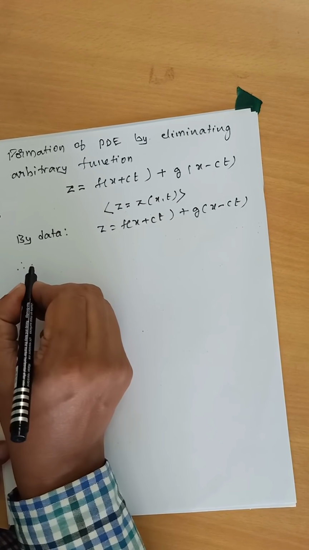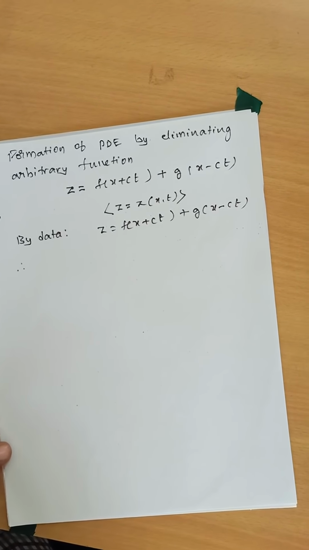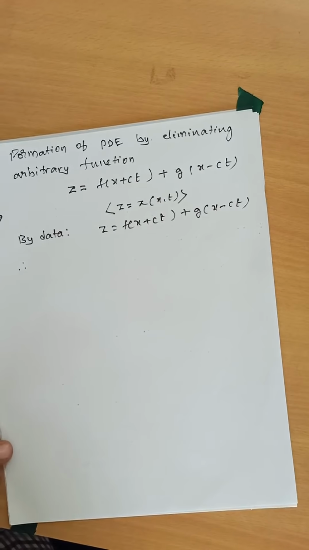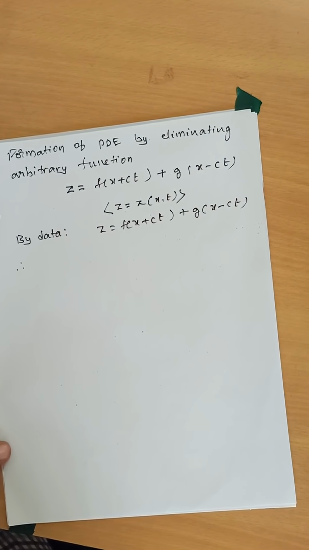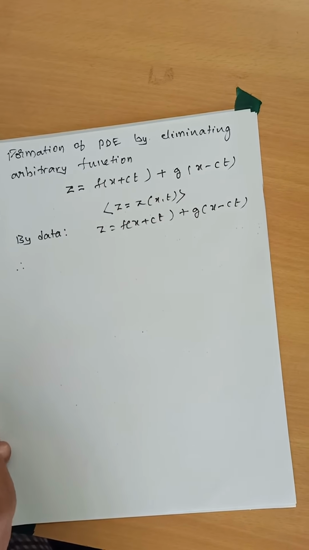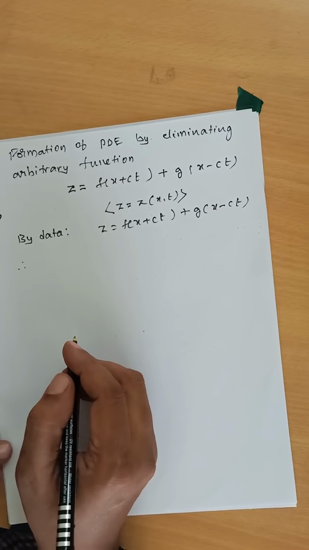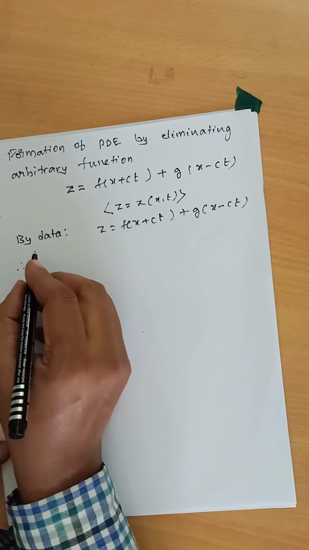Therefore, as I already told, in every problem we first find p, q. If it is possible to eliminate f, we can do it. If not possible, you go for using r, s, t after p, q. Then you construct the PDE, that is the process.